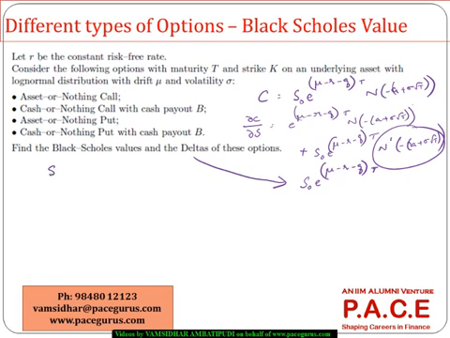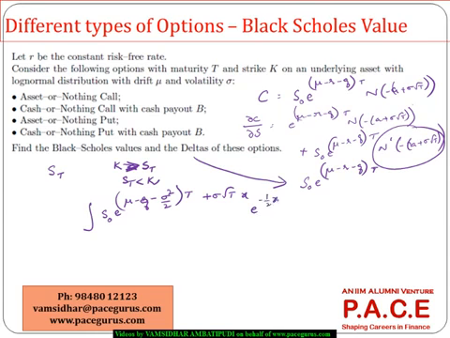So I am saying my payoff is ST provided K is greater than ST, or ST is less than K. Otherwise it's exactly the same, which means I am still integrating the entire S naught into e power mu minus q minus sigma squared by 2 into t plus sigma root t into x into e power minus half x square dx.